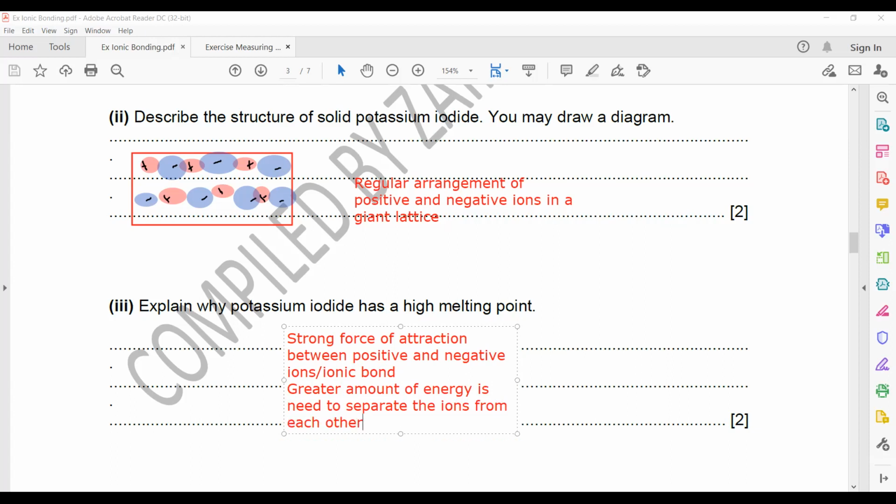So we need a lot of energy to separate these ions from each other. Yes, the force of attraction of the ionic bond is strong. That will give you 1 mark. And the second mark is you have to mention that you need a lot of energy to separate the ions, because more energy means higher temperature. Is it clear? This part, the third part as well.